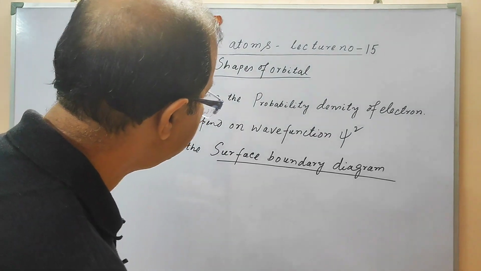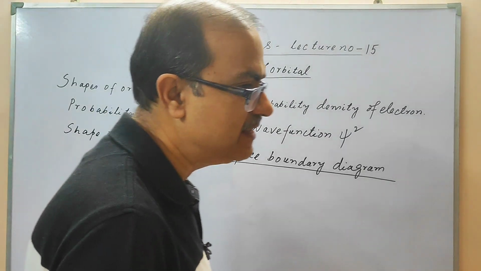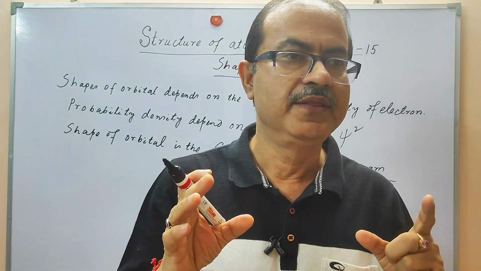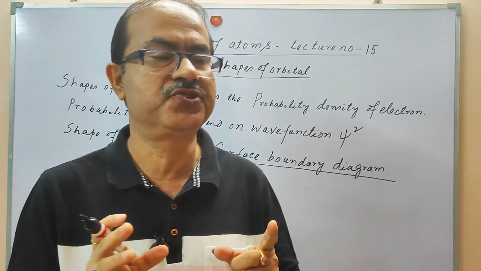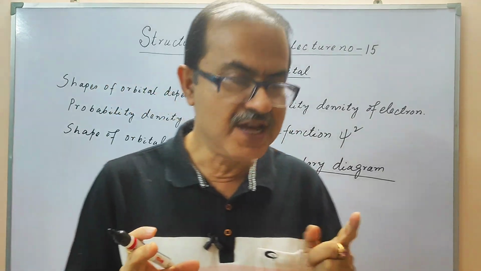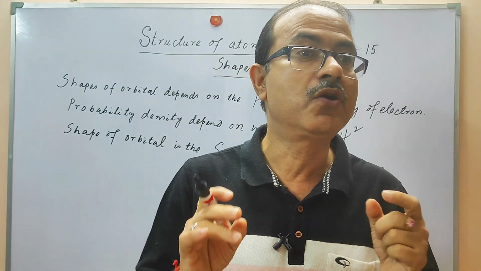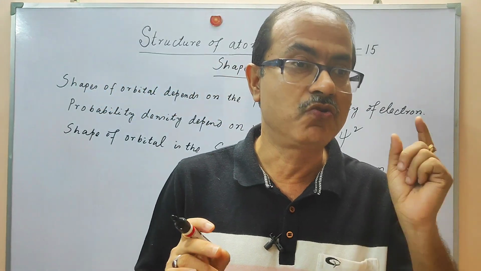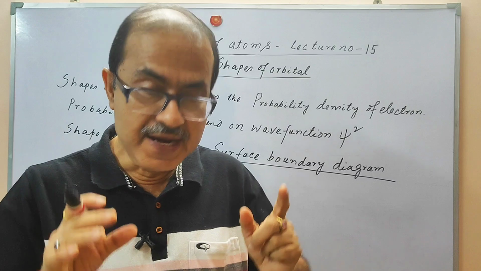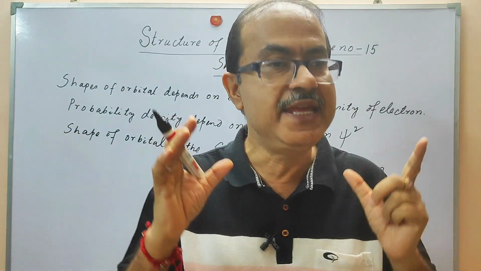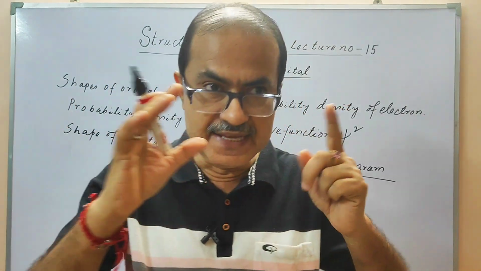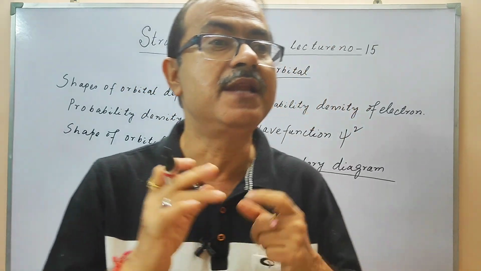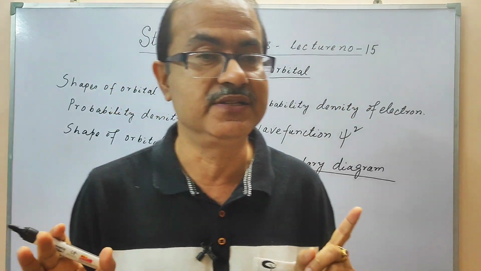And what is a surface boundary diagram? A surface boundary diagram is a three-dimensional diagram drawn in space, which is concerned with the constant probability density of the electron, that is, a constant phi square. It encloses an area where the probability of finding the electron is maximum, that is 90 to 95%.